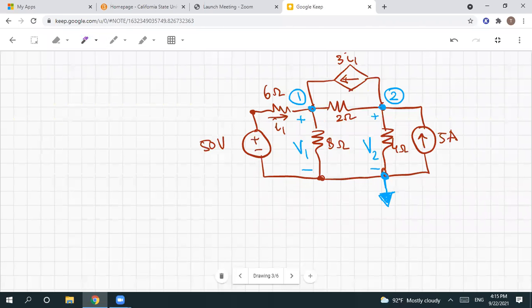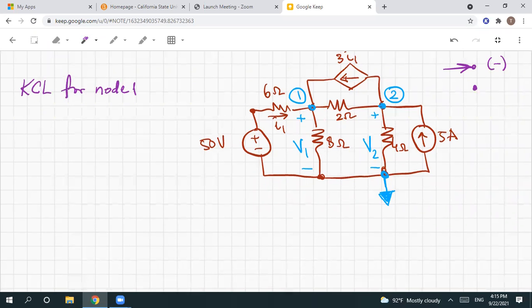I will start with KCL for node 1. And again, the current which is entering the node is negative. The current which is leaving the node is positive. So let's start with this current.